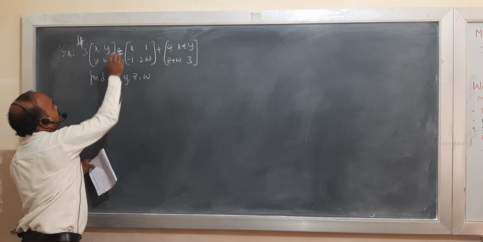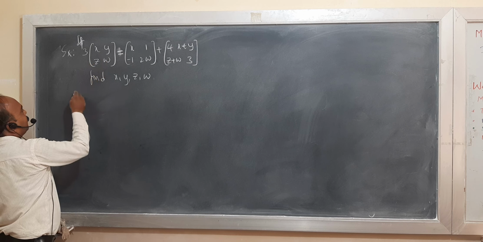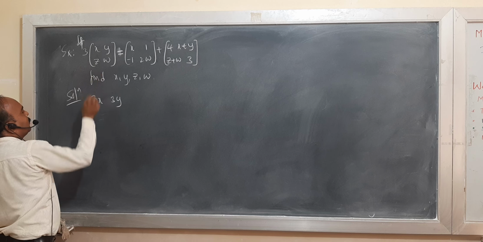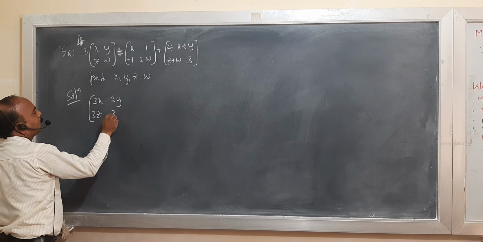Next, we make scalar multiplication first. First, we multiply 3 with this matrix: 3x, 3 with y, 3y, 3 with z, 3z, 3 with w, 3w, equal to. Now we can go for addition of matrices.